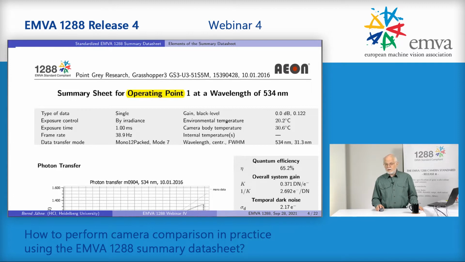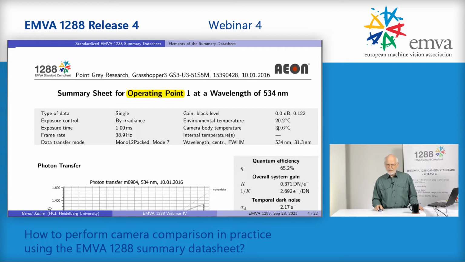Then the environmental temperature is noted, under which the measurements are made, and also the camera body temperature. That's again important, especially for the dark current, because the question how hot the camera body gets depends on how well it's connected to some heat sink. If you leave these very small cameras, for instance, just without any connections, they might get quite hot.